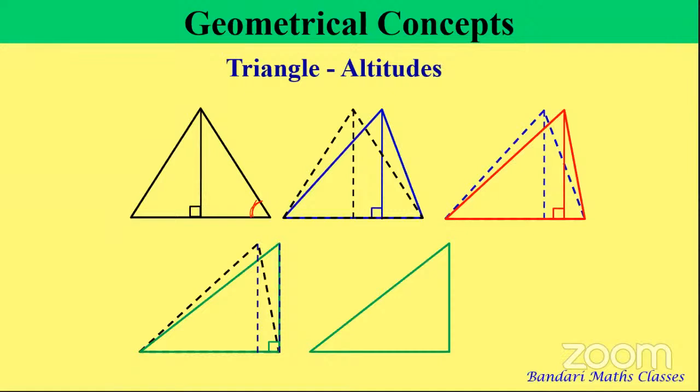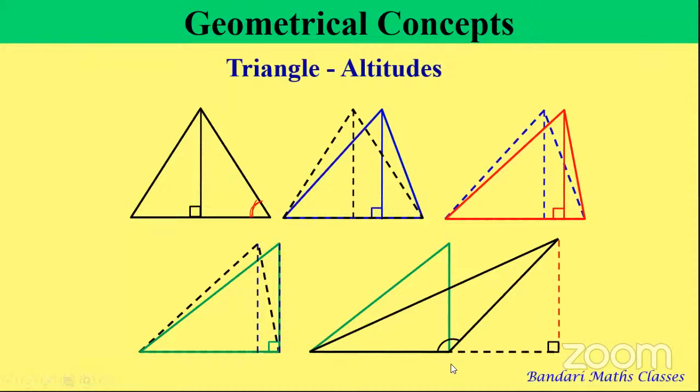Now the angle increases to more than 90. More than 90 means it becomes an obtuse angle triangle. Where is its altitude? Obviously, it comes outside. This red color dotted line is the altitude of the black color triangle, which is an obtuse angle triangle. This angle is obtuse.